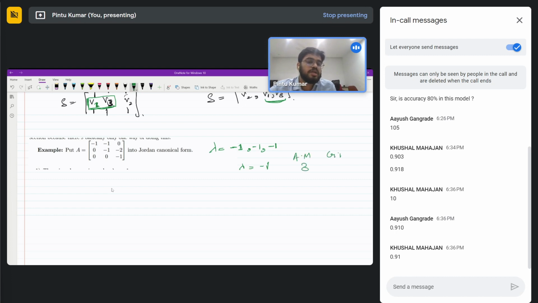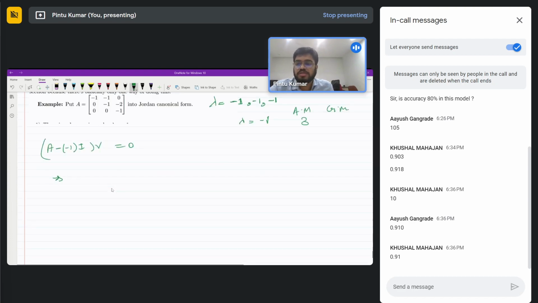Now I have to find the geometric multiplicity. So the geometric multiplicity comes from (A minus lambda I) times v equal to 0, which means this is plus, this would be the matrix 0, -1, 0; 0, 0, -2; 0, 0, 0, and this is v1, v2, v3 equal to 0.